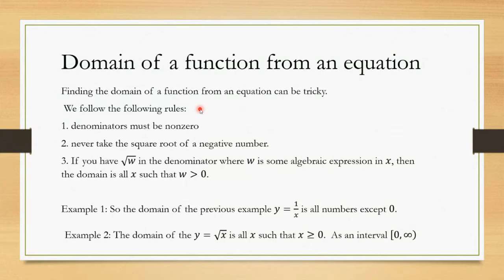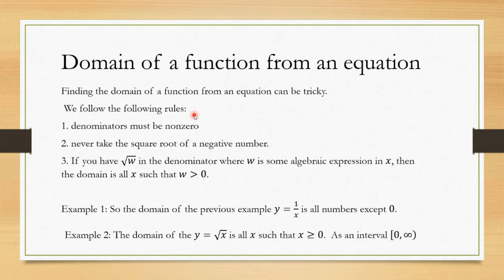That's what we've been dealing with. To pass the vertical line test, every vertical line that you can draw will either not intersect the graph or intersect the graph only once. So it's not like with a circle where you can draw a vertical line that intersects the graph twice.